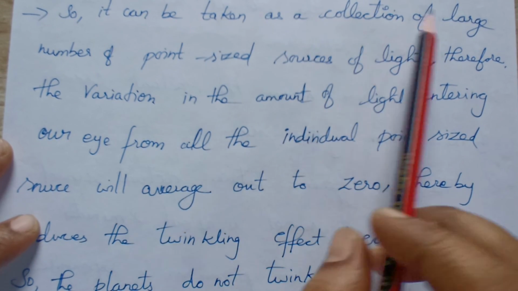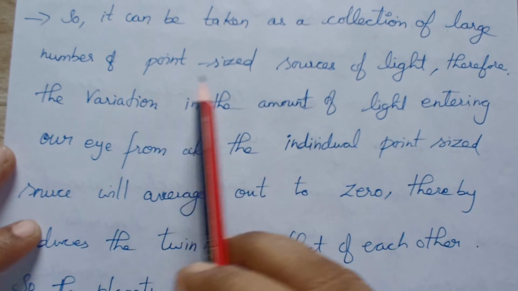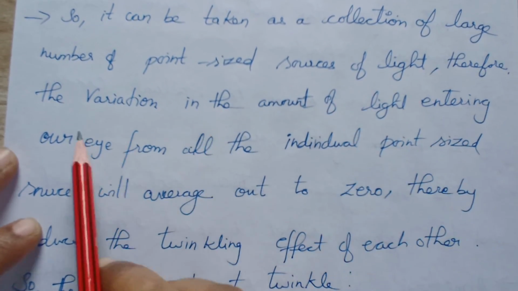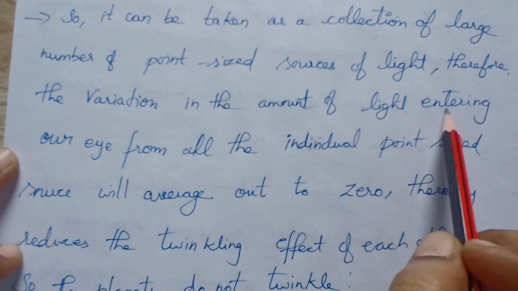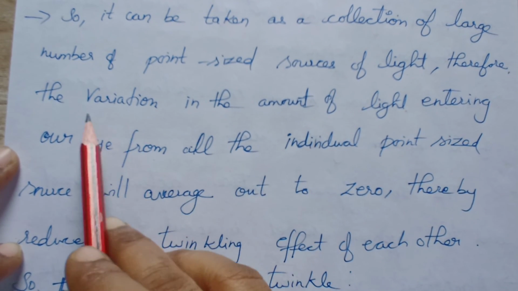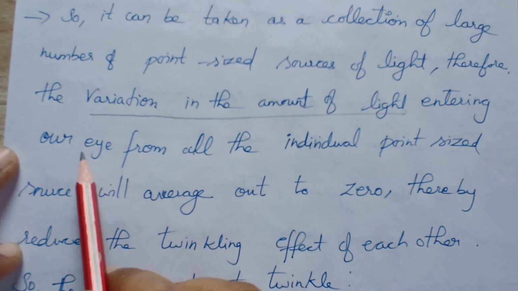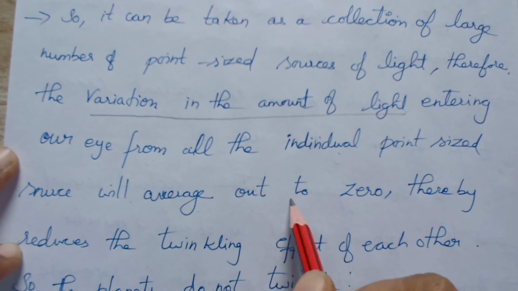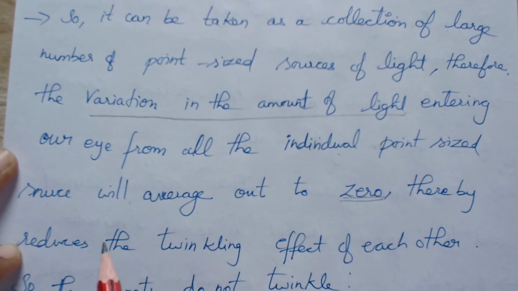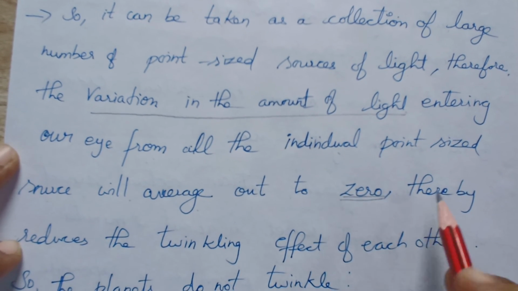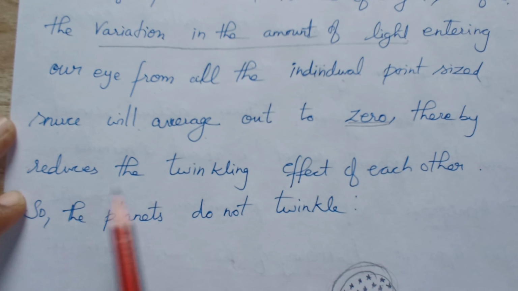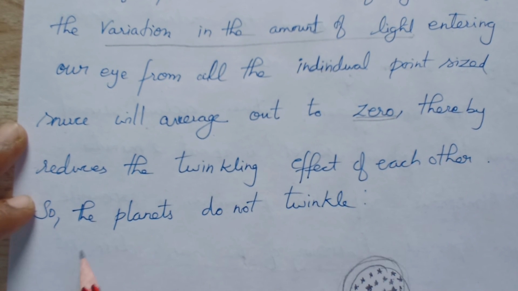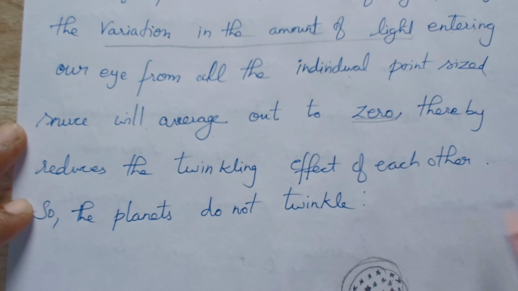So it can be taken as a collection of a large number of point sized sources of light. Therefore the variation in the amount of light entering our eyes from all the individual point sized sources will average out to be 0, thereby reducing the twinkling effect of each other. So the planets do not twinkle.